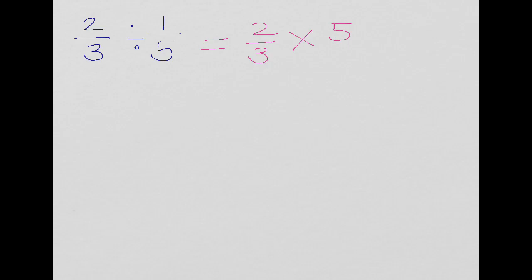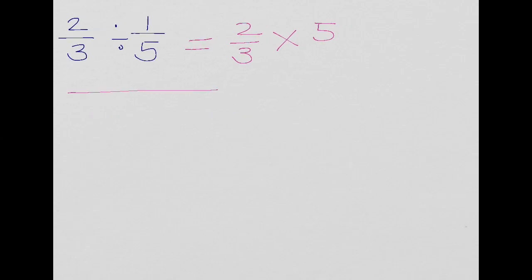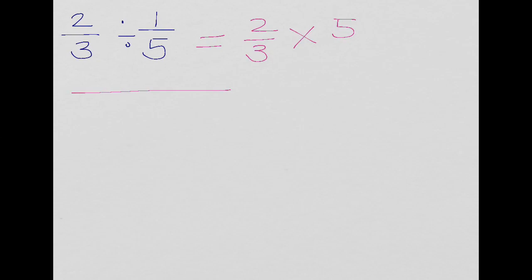Now this can be a tricky one because people get this one wrong, if I'm honest. This is the one that can get you confused. And what we've got is 5 lots of 2/3 if you look at this. And 5 lots of 2/3 is the same as me drawing the following.